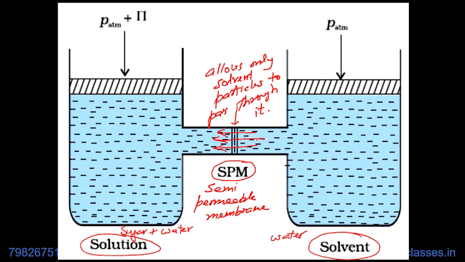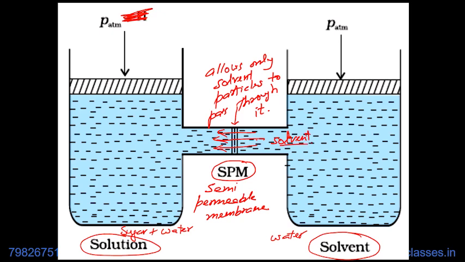Initially, we have 1 atm atmospheric pressure on both sides. If pressure is the same, then solvent particles will move towards the solution.